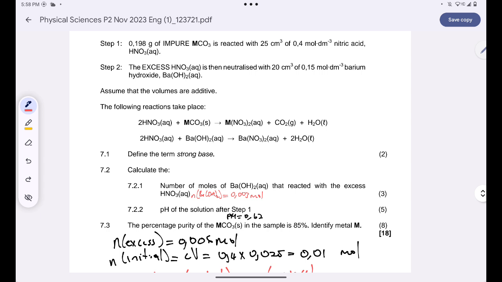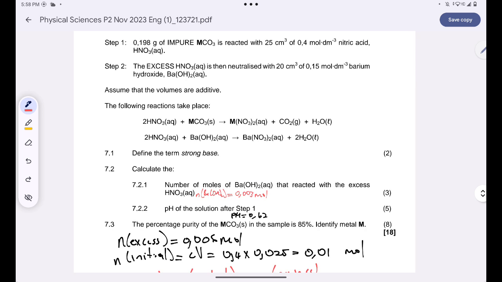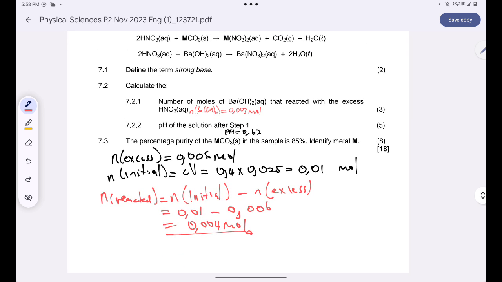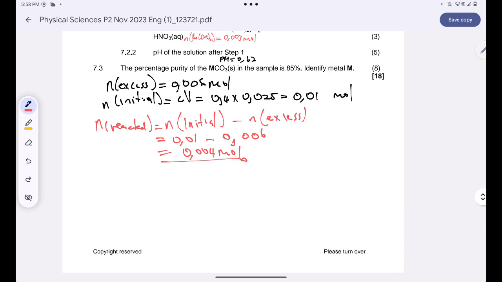Are we together? So I can calculate the number of moles of the metal carbonate. And remember that, guys, the acid will only react with the pure part of my metal carbonate. Let me see the ratio.